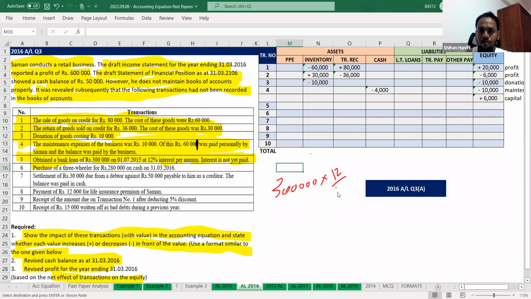Into 12% is annual interest. Now this was obtained on 1st of July 2015. So year end is 31st March 16. How many months? July, August, September, October, November, December, Jan, Feb, March, 9 months. So interest should be calculated for 9 months. Interest 27,000.